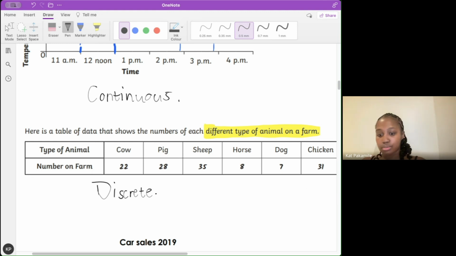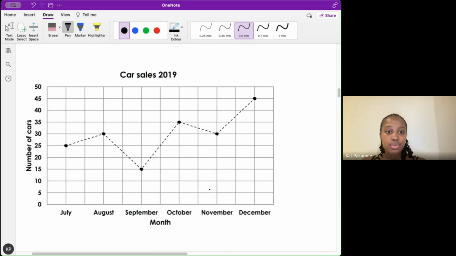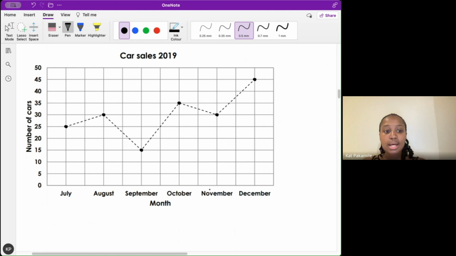Okay, let's move on. This graph, we saw it on Tuesday as well, but this time I want to show you. Remember I asked you guys why you think this is a dotted line? And now we know why it would be a dotted line. And why is that, guys? The number of cars that were sold in 2019. Why would we have a dotted line?